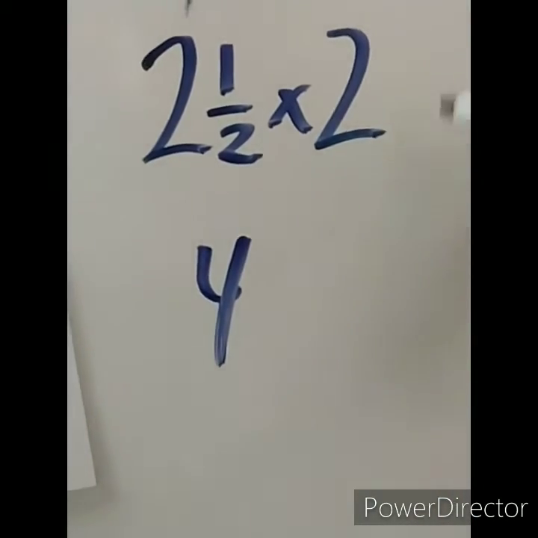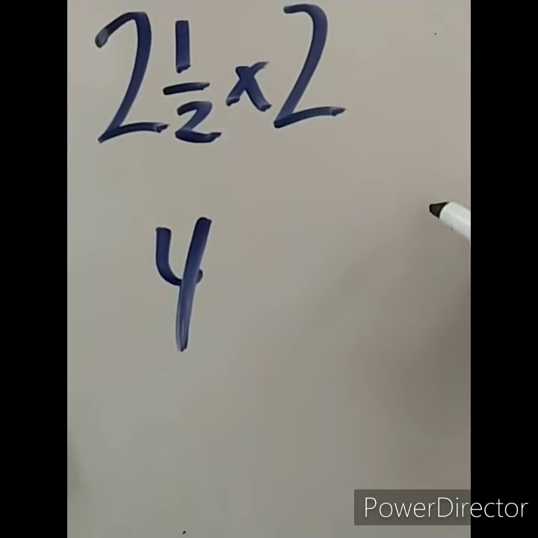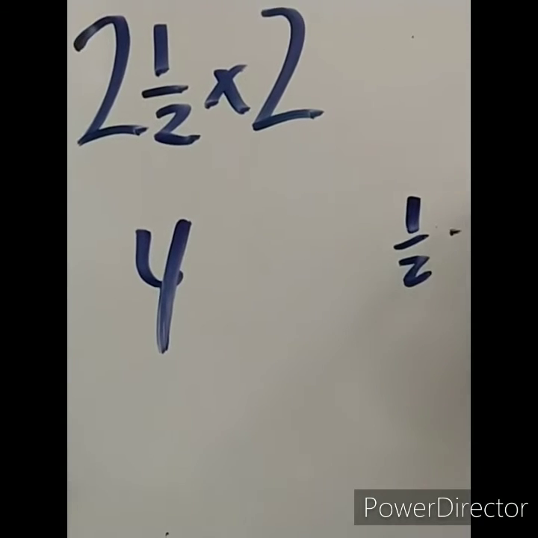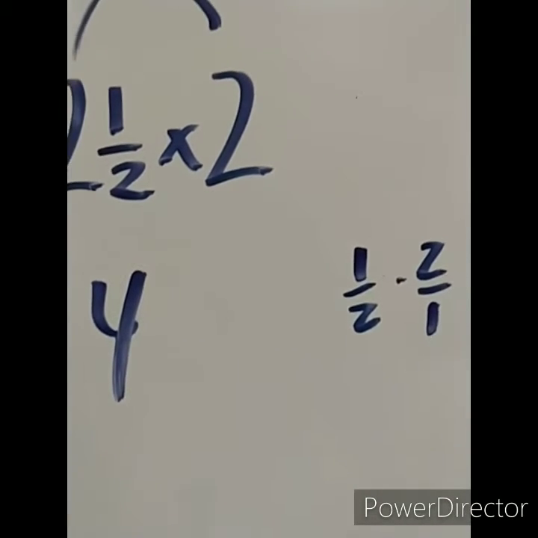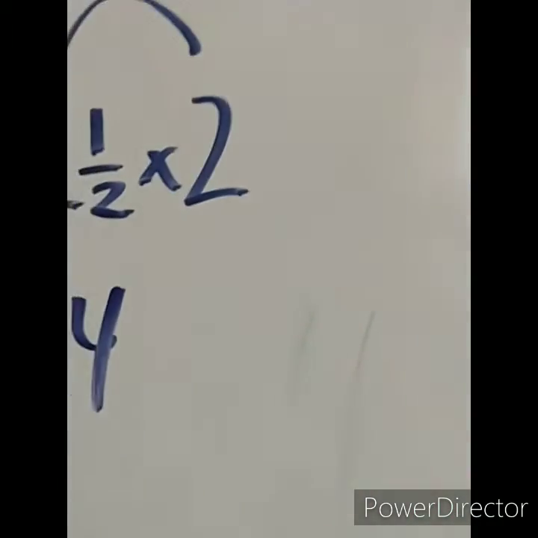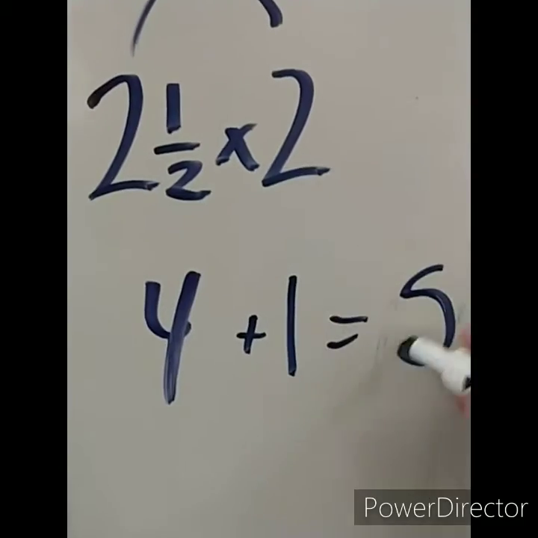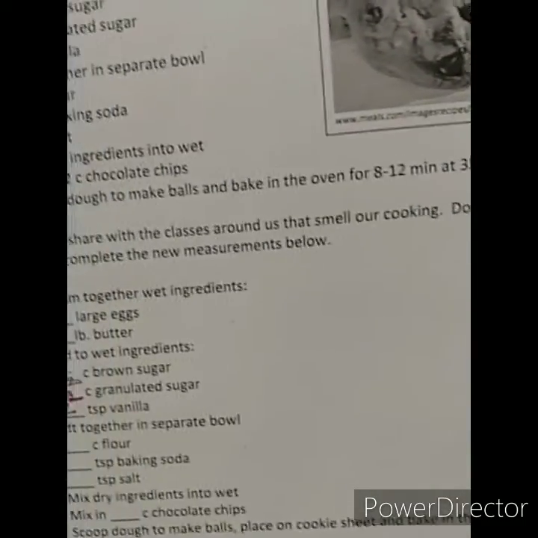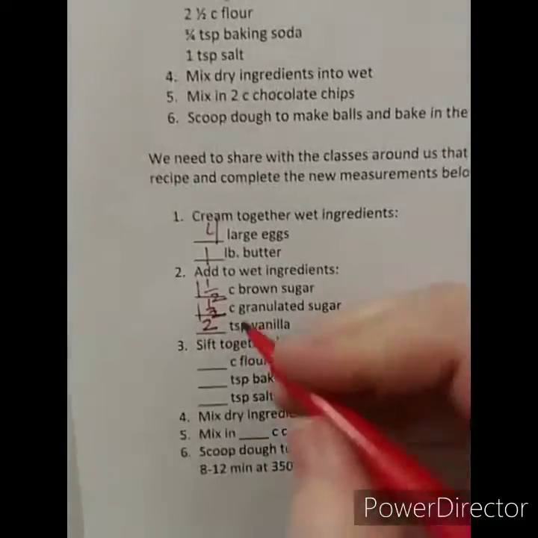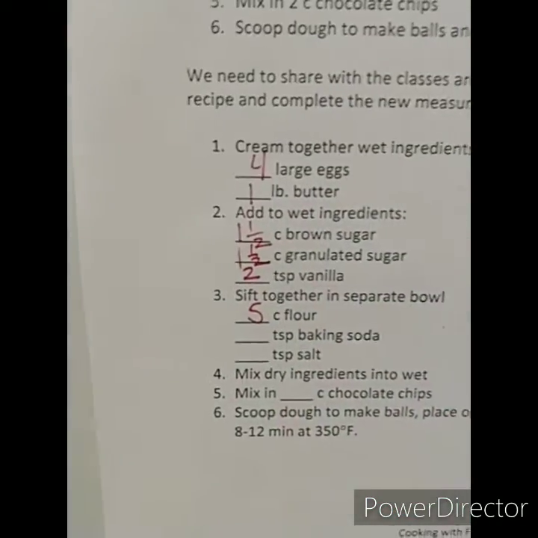Then I need 2 times 1/2, which is 1/2 times 2 over 1. We did that already, right? 2 times 1/2 is 1. So I've got 4 plus 1, which means I need 5 cups of flour. So I go over to my paper and I put 5 cups of flour.